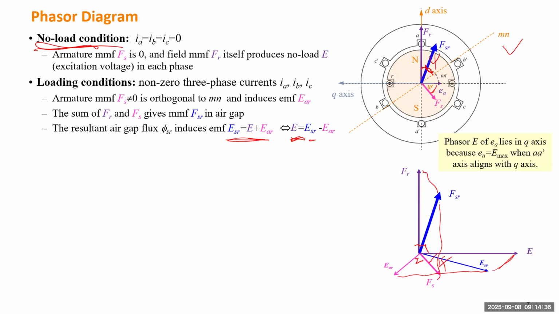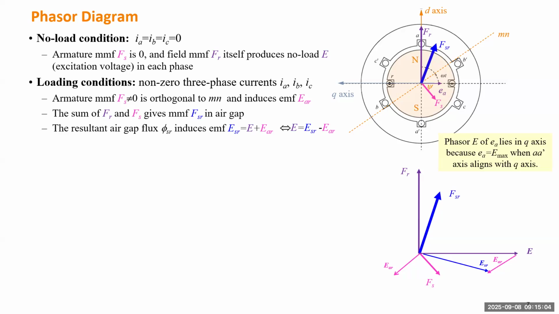And ESR, which is the actual voltage we can utilize to power the external system, if there's some load, it will be shorter. It looks like there's some voltage drop inside of the generator due to the reactance. Okay, so we finish this parallelogram.